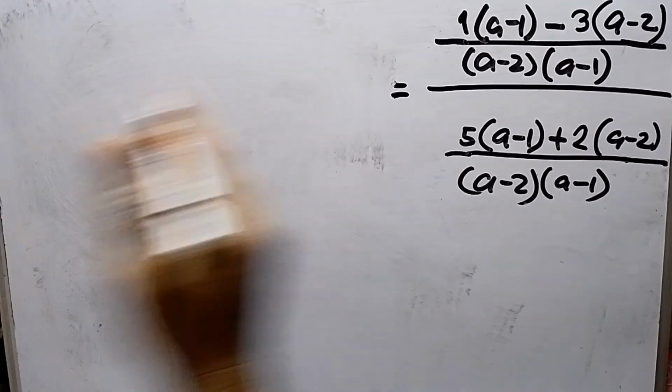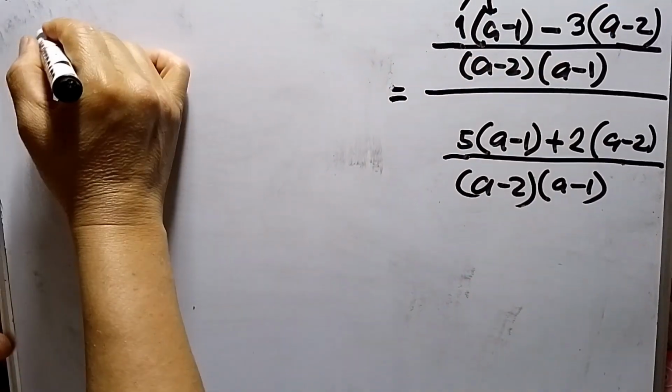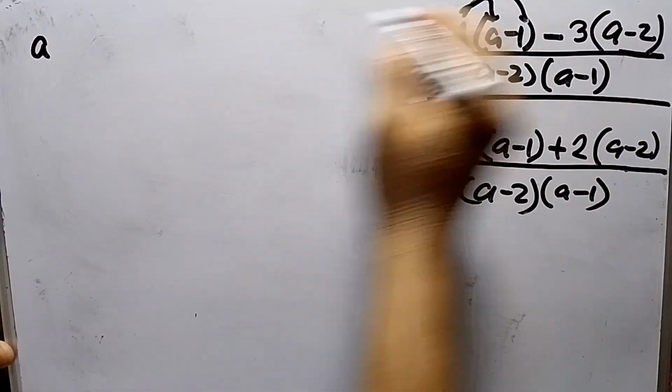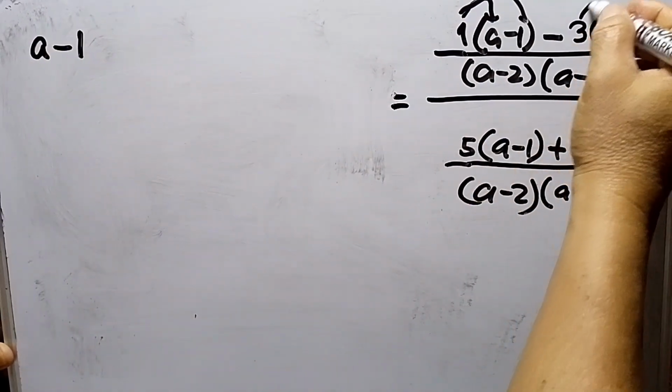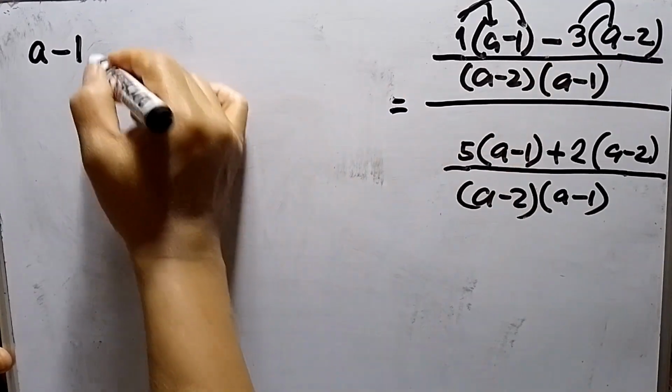So this will be a, and then this will be minus 1. And then this one also, negative 3a.